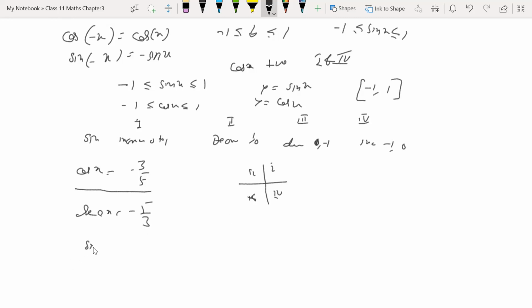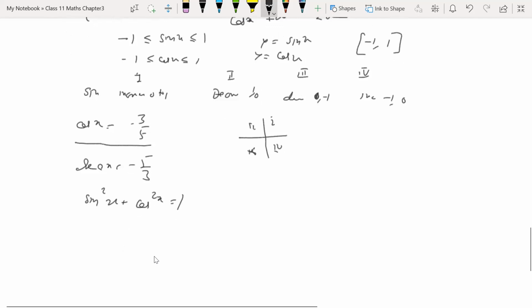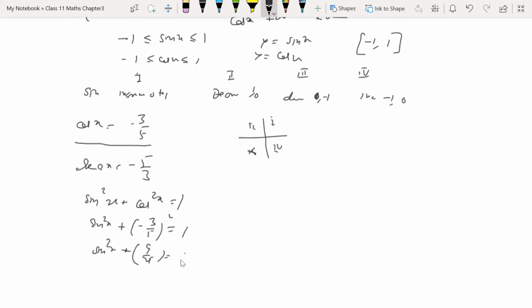We have the formula sin square x plus cos square x is equal to 1. Then sin square x plus (minus 3 by 5) square is equal to 1. Sin square x plus 9 by 25 is 1.